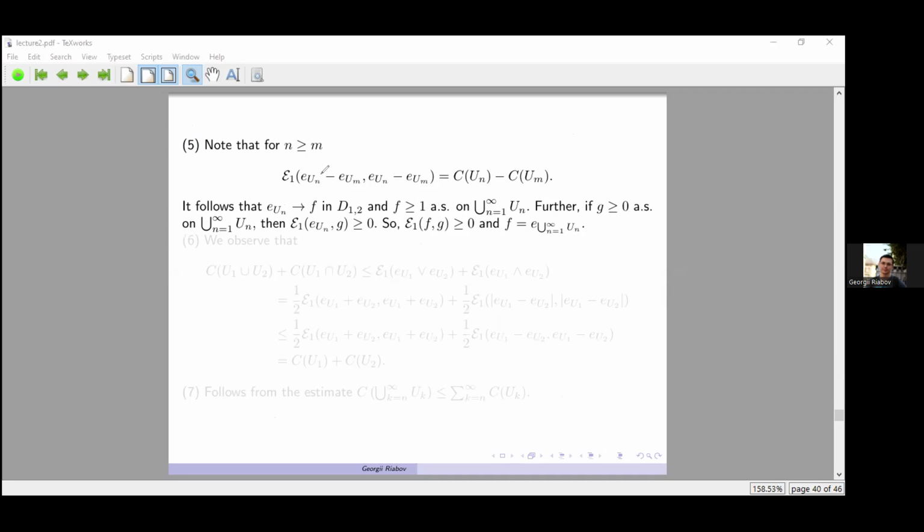So let's consider equilibrium potentials EUn that correspond to sets Un.